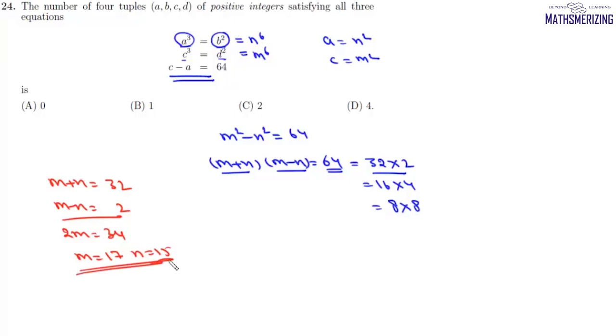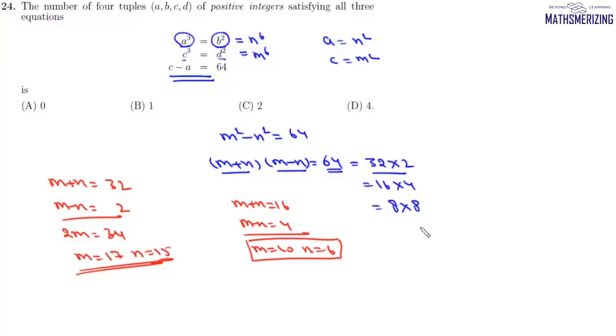So we get one solution. Now for the second one, 16 and 4, we'll get m plus n is 16 and m minus n is 4. Now it'll be 2m equals 20, the value of m is 10 and the value of n is 6. So that's your second possible number.